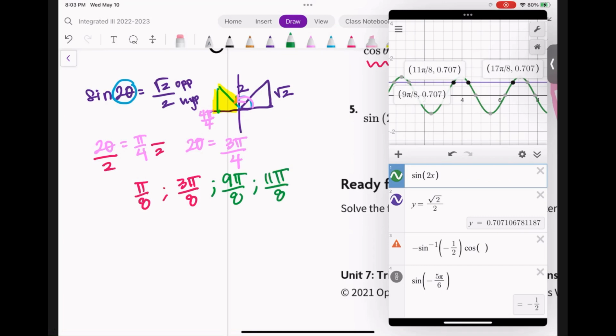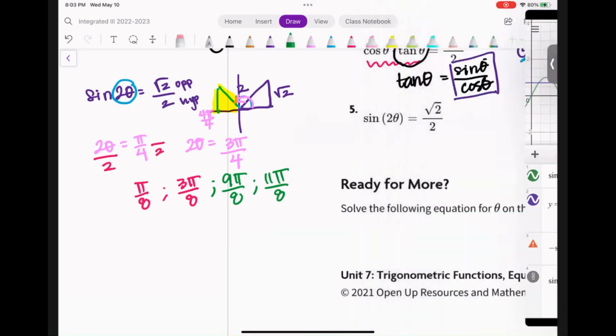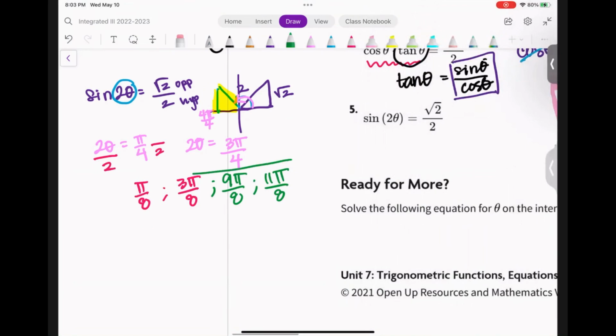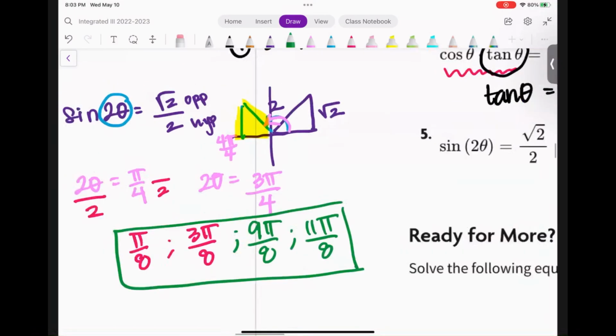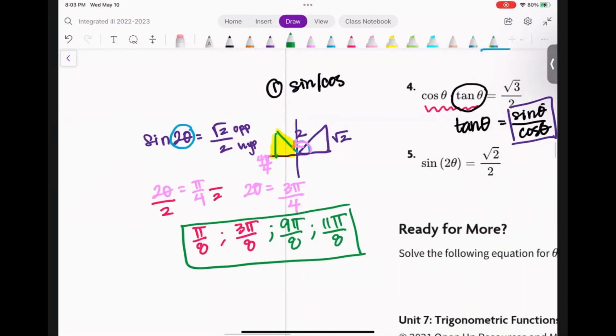For those of you who want to know where that comes from, I'll ask a question and then I'll leave it hanging so that we can talk about it a little bit more later. If you look at this angle right here, and we called this pi over 4, is that pi over 4's only name?